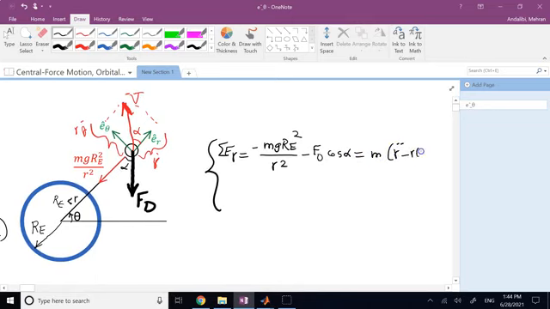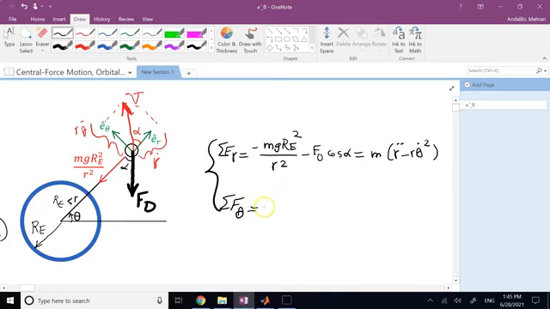And in the theta direction also, you will have negative F_D times sine of alpha. This is equal to m times r theta double dot plus 2 r dot theta dot. So your equations are going to be more complicated.